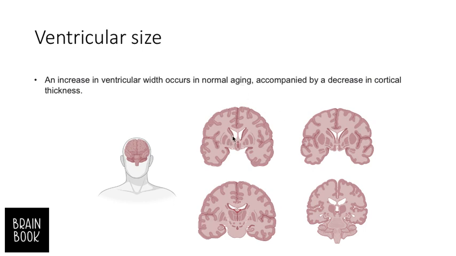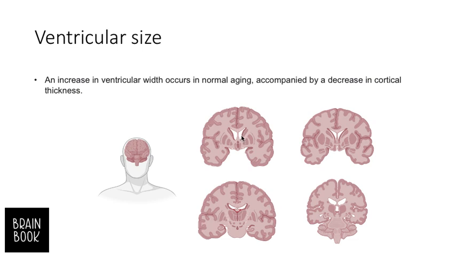You know that as we get older, our nervous system will degenerate. That causes the expansion of the ventricles in our brain.